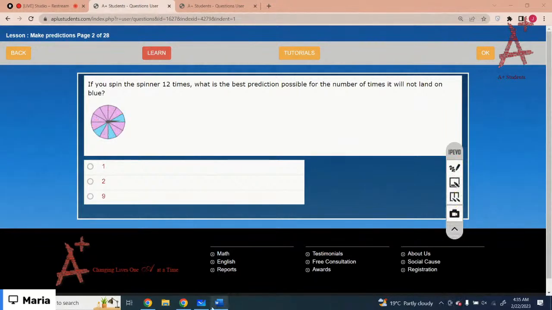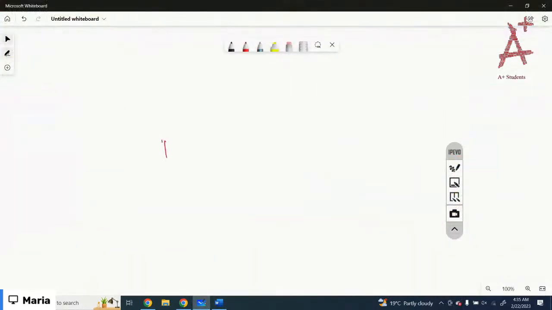The probability of getting blue is 3 over 12. Got it? And you spin the spinner 12 times. So you have to do 3 over 12 times 12.